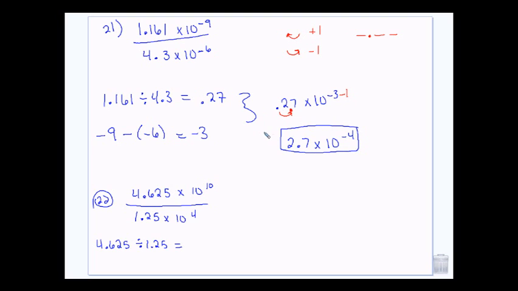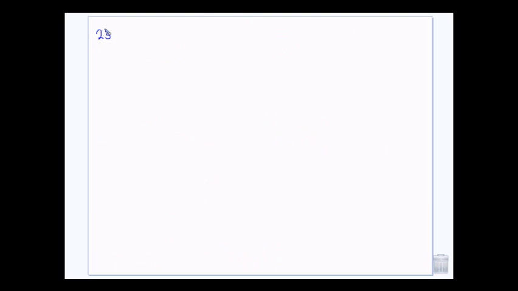I don't know if this one adjusts or not. No, it doesn't. Number 23, you have to adjust. Okay. So this one's just going to be 3.7 times 10 to the 6th. And we're going to skip to 23 really quickly because it has to adjust. 23 is 2.376 times 10 to the -4th divided by 7.2 times 10 to the -8th.